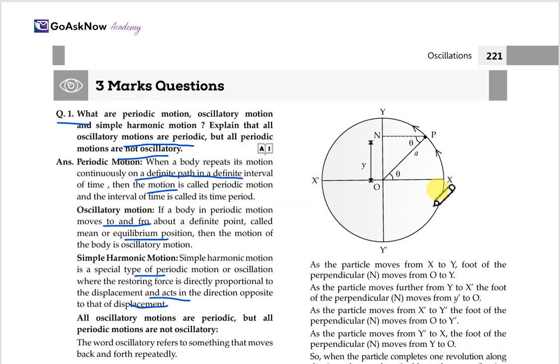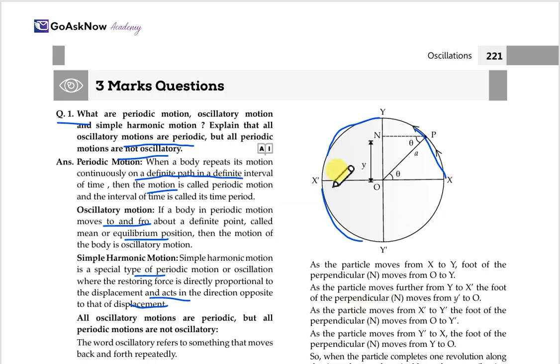As the particle moves from X to Y, in this direction, the foot of the perpendicular N moves from O to Y. As the particle moves from Y to X dash, the foot of the perpendicular N moves from Y to O, and as the particle moves from X dash to Y dash, N moves from O to Y dash.